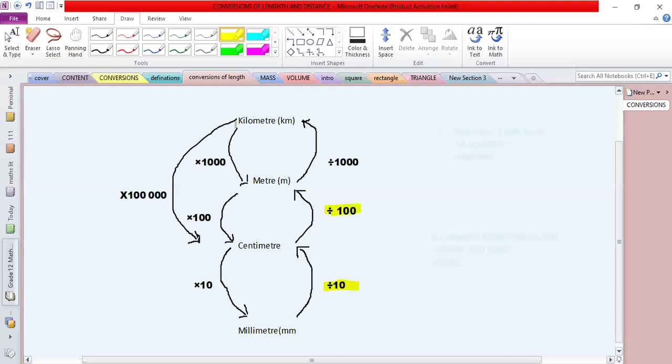But when you move from kilometer to centimeter, because there is multiply by 1,000 and multiply by 100, you do not jump them. You multiply by 1,000, then you multiply by 100, which will give you 100,000. So the distance from kilometer to centimeter is 100,000, as the arrow indicated there.